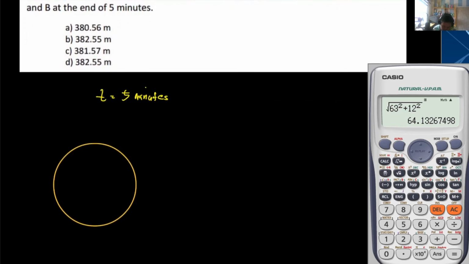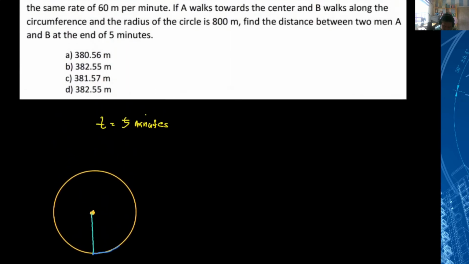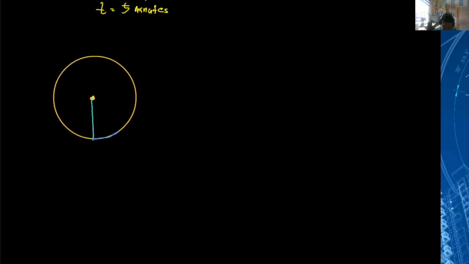So if this is the center of the circle, assuming, and this is the starting point, so A walks along this path towards the center, and B walks along this path, okay? So they start at the same point here. And let's solve for the distance walked by A and B at 5 minutes, okay?